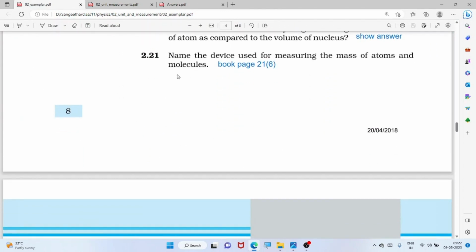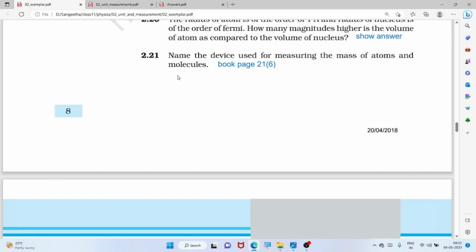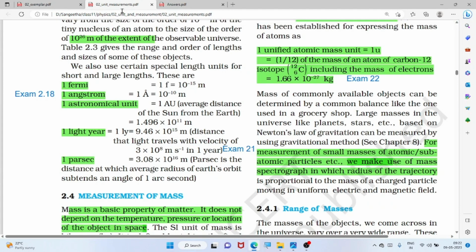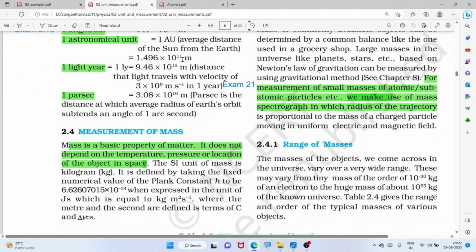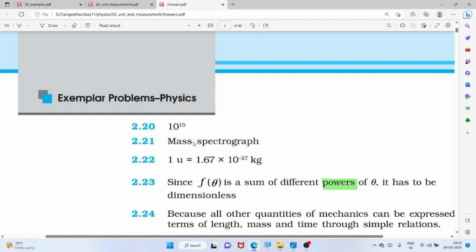Name the device used for measuring the mass of atoms and molecules. Mass spectrograph.